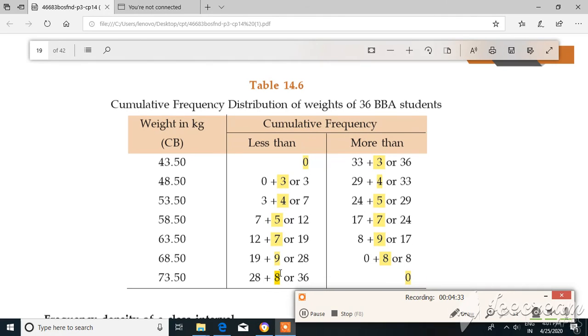Okay, so this is less than cumulative frequency. Problem based on this I will tell you. This is only to tell how we are going to consider cumulative frequencies for this class interval or this individual class interval. That's it.